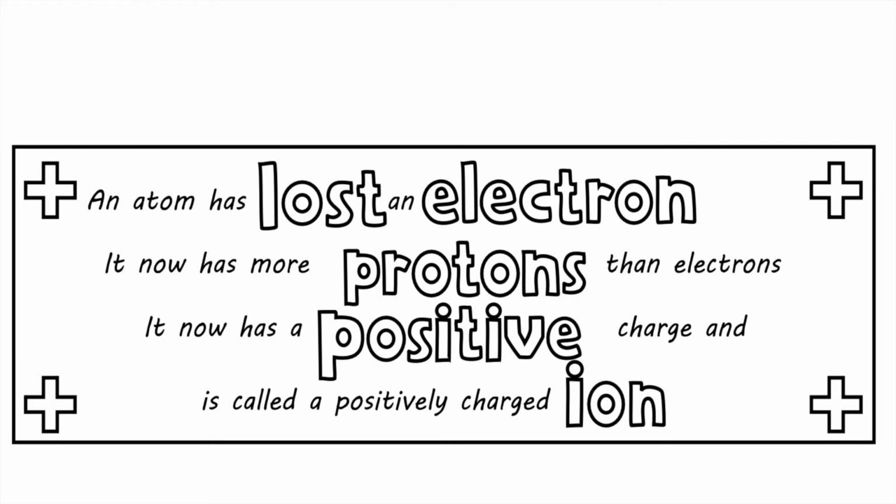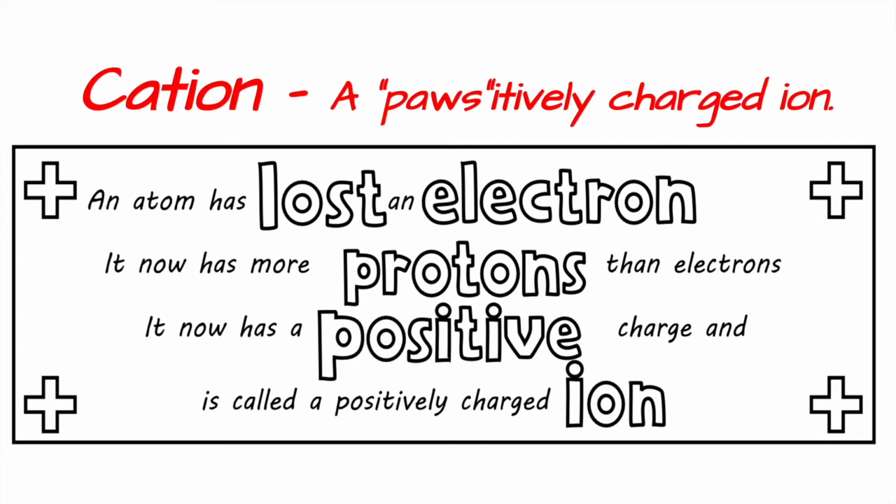A positively charged ion is called a cation. And notice what I wrote, a positively charged ion. Think of the paws of a cat to help you remember it. So if it's positively charged, it is a cation. Okay, so those are 2 words. Don't tell anybody I taught you those words, but you're going to see them in the future along with valence electron and valence shells. So that takes us through what ions are.